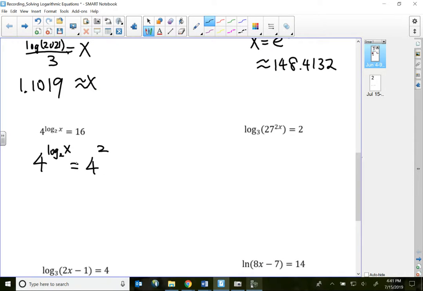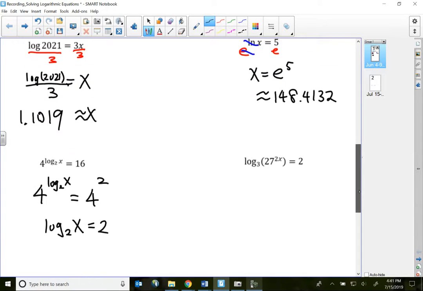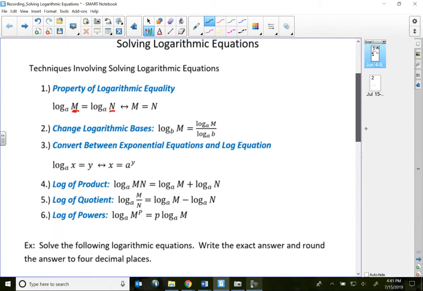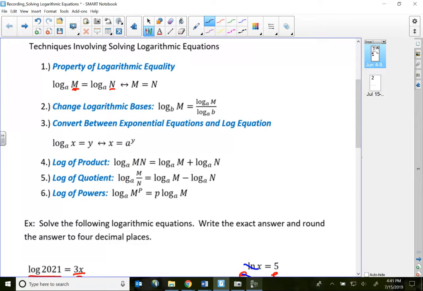When the bases are the same and equal, we can set the exponents equal to each other. So this is actually log base 2 of x equal to 2. Now I'm looking at two terms, one with a logarithm and one without, so I can solve for x by converting my logarithm into an exponential.